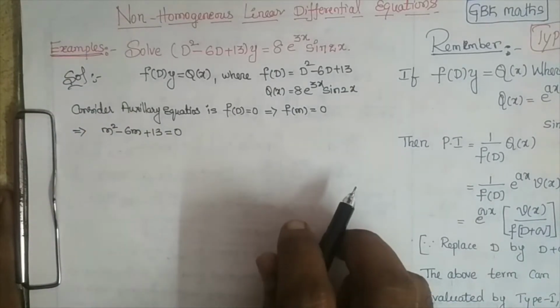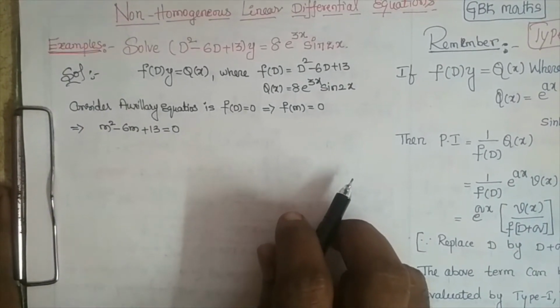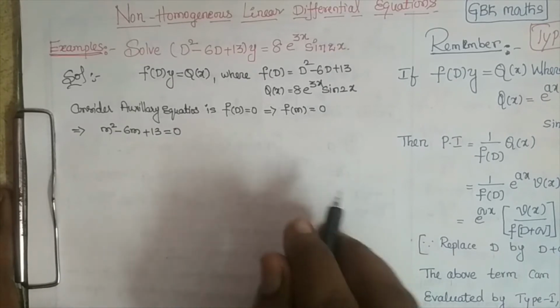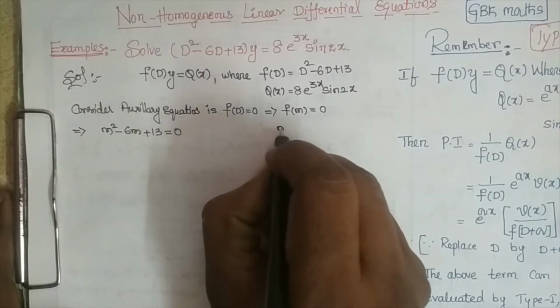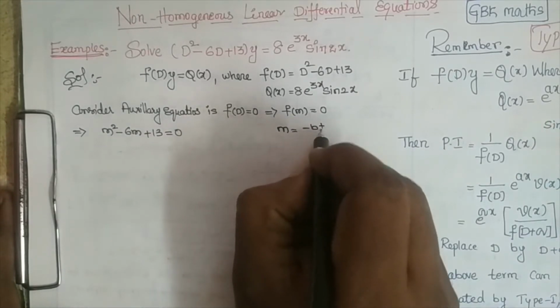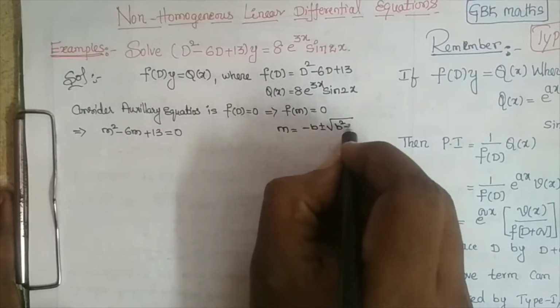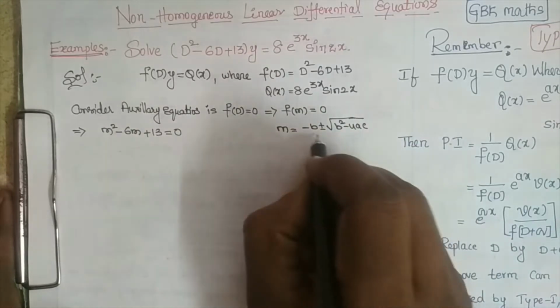This is a quadratic equation in the form of ax square plus bx plus c is equal to 0. To get the roots, we follow m is equal to minus b plus or minus root of b square minus 4ac by 2a.